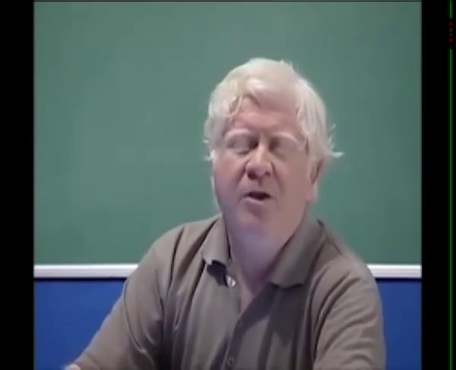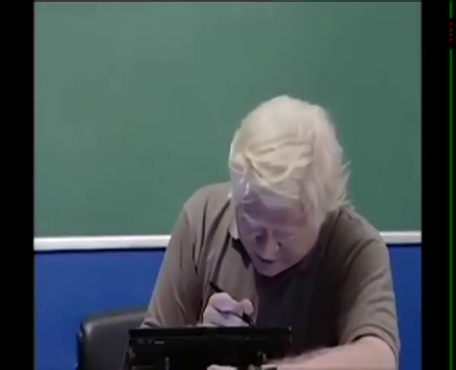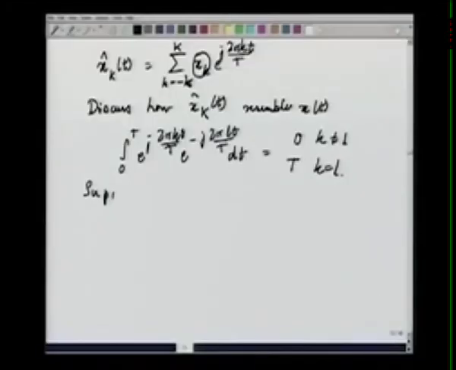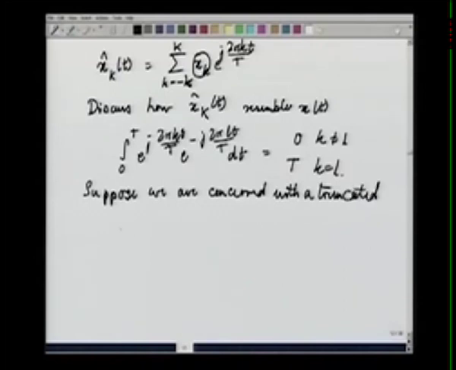Let us put both these statements down properly. Now, suppose we are concerned with a truncated representation, let us say with a truncated 2K points representation.